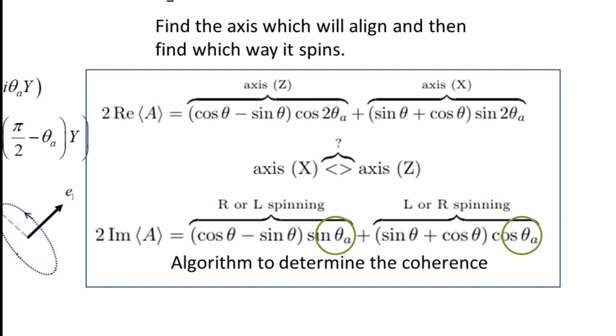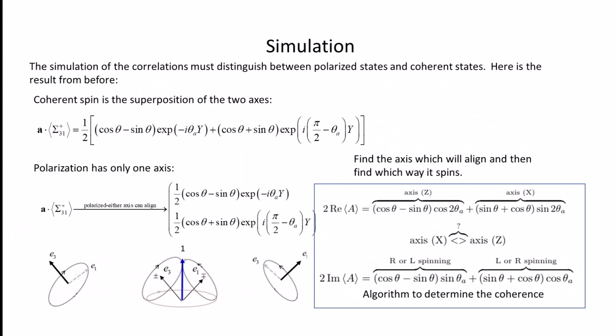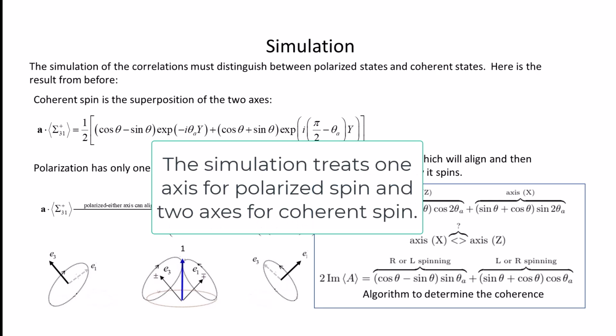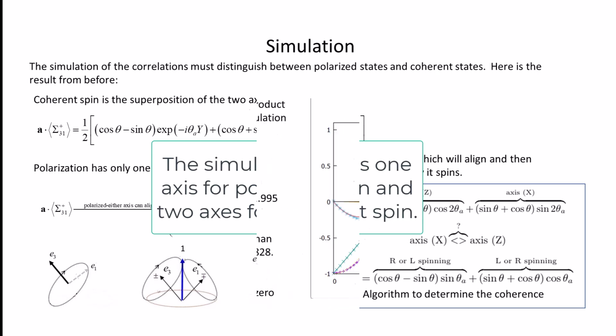However, to decide if the imaginary part is positive or negative, we revert to the Larmor precession of the spin 1/2 without the doubling, because at that stage of the filtering, the resonance spin has already decoupled and the spin is polarized. This is what the simulation program does. It treats one axis for polarizations and two axes for coherences, and then decides which way they spin.